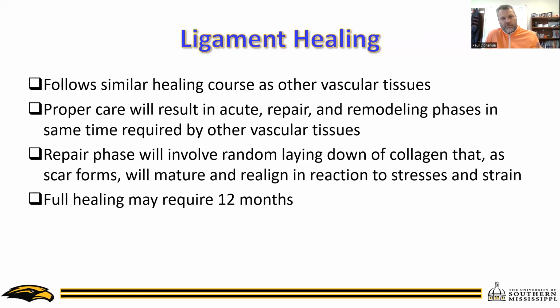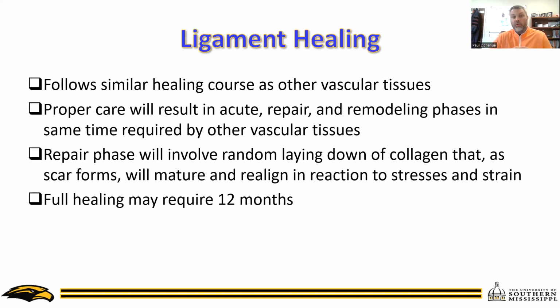a ligament is going to follow a process similar to more of our blood vessel tissues, right? We can have acute injuries. This is where you can have a grade 2 MCL sprain and come back in 2 to 4 weeks, depending on how large of a separation of tissues we've had, because it has the ability to repair itself.